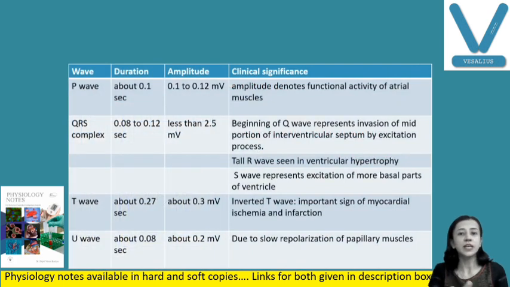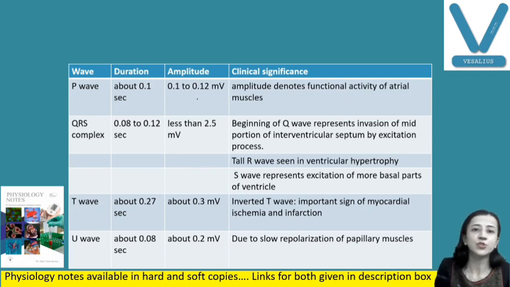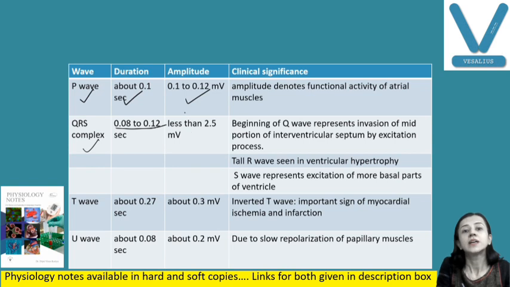You can make a screenshot of this also. I have prepared a table in which you can find all the waves, intervals and segments. P wave, duration 0.1 second, amplitude 0.1 to 0.12 millivolt. QRS complex, duration 0.08 to 0.12 seconds, amplitude less than 2.5 millivolt. T wave, duration 0.27 second, amplitude 0.3 millivolt.